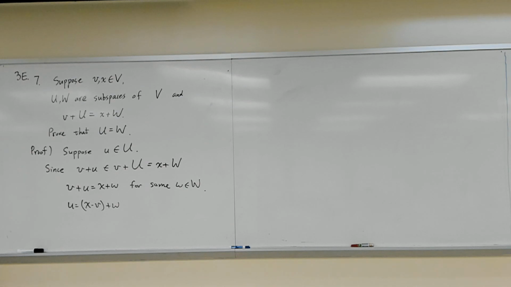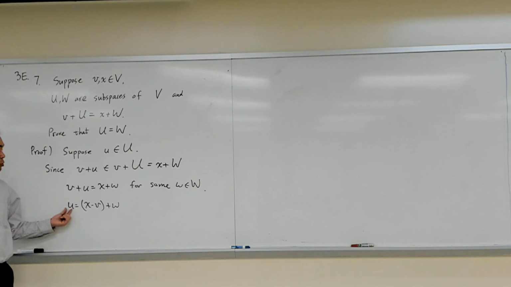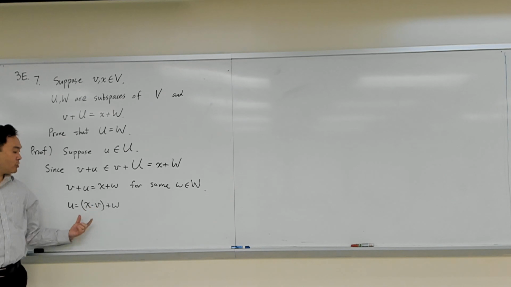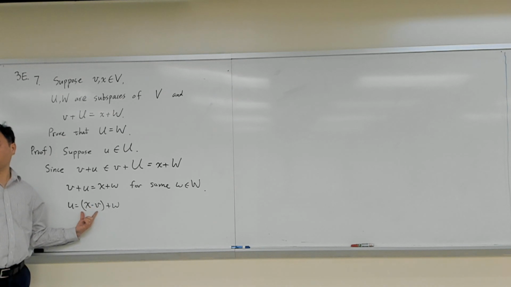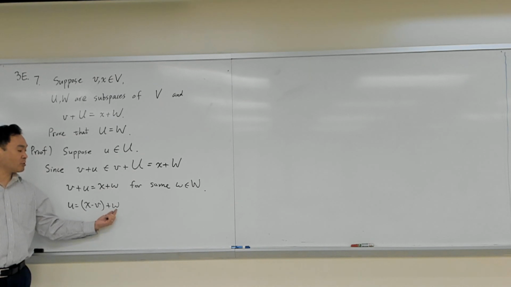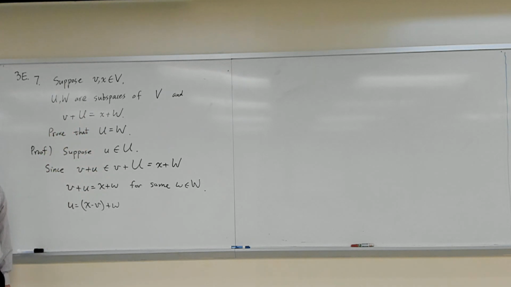To show that U is a subset of W, you have to show that this small u is in W, but to show that, you have to show that x minus v is in W. That's because if you have two vectors in W, then the sum is in W because W is a subspace.